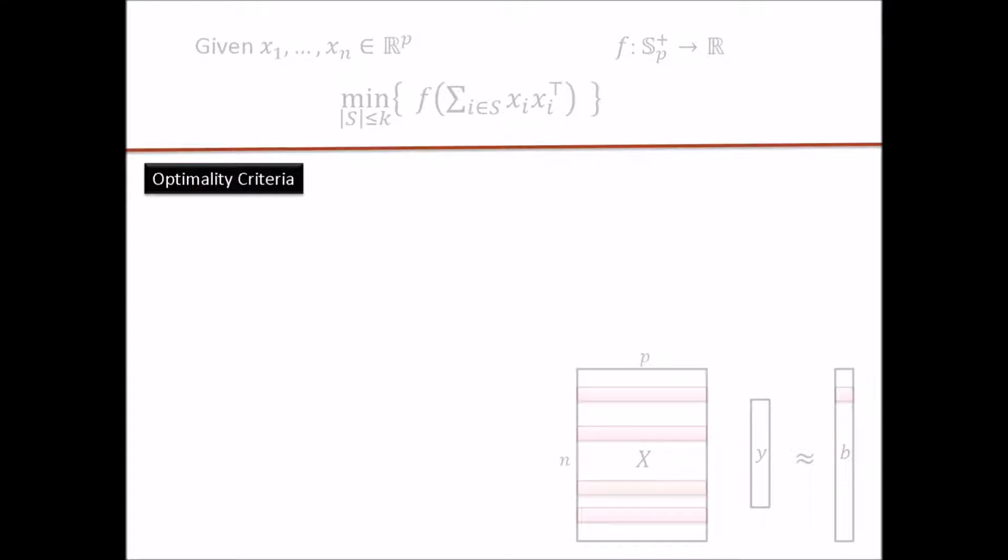For instance, the so-called A-optimality criterion says that after you have picked k different rows from the matrix, you define that covariance matrix to be your sigma. Now you compute the covariance matrix inverse, you compute the trace, and then divide it by the dimension. The reason they care about A-optimality is as follows.